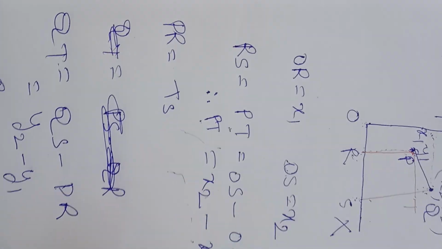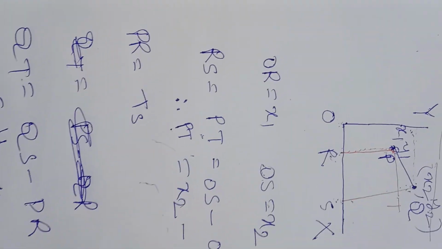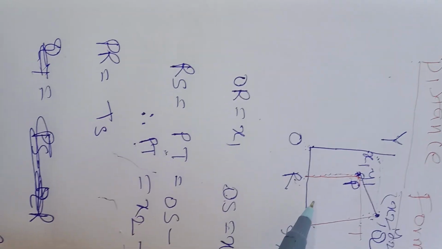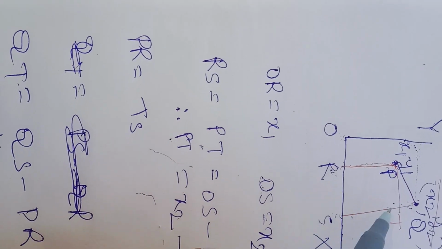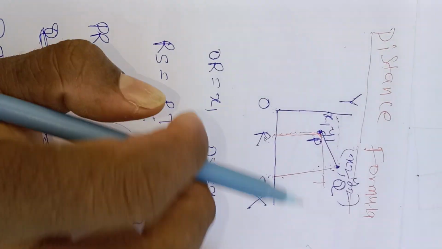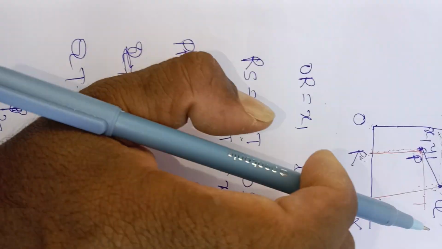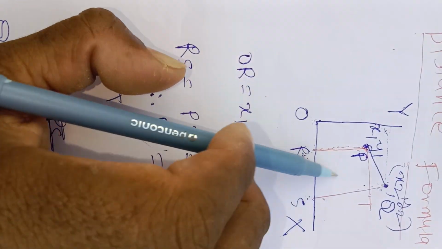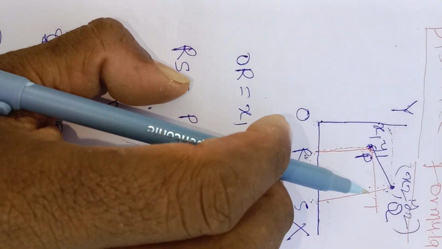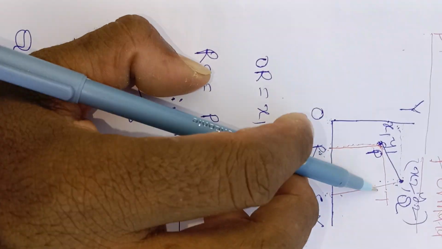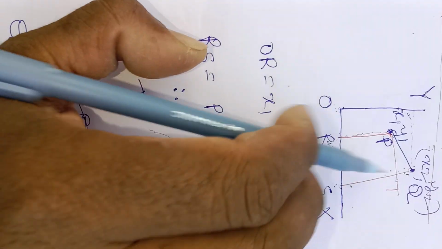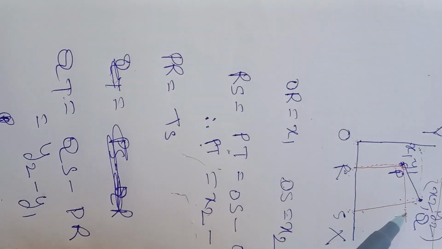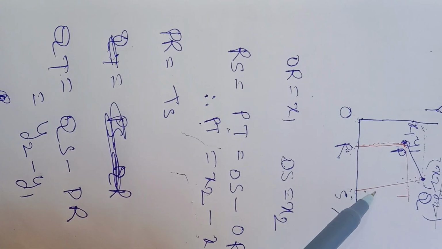Similarly, we have to calculate PR, this distance. From the graph, PR equals TS. Next, we need to calculate QT, this distance. QT equals the complete distance QS minus TS, which will give us the QT value.